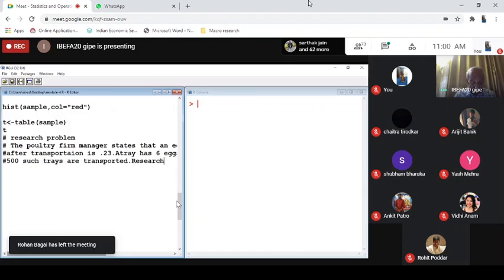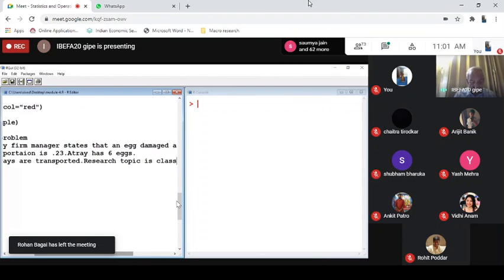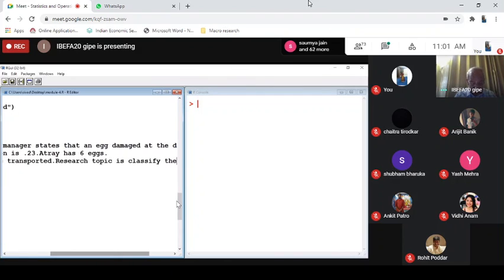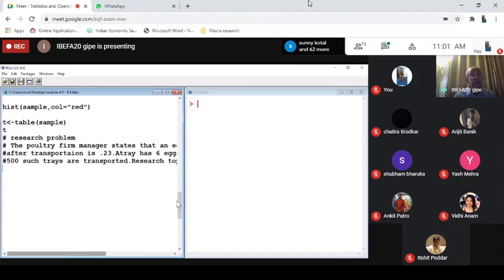A research topic is to classify them with W, with W equal to the number of eggs damaged per tray.